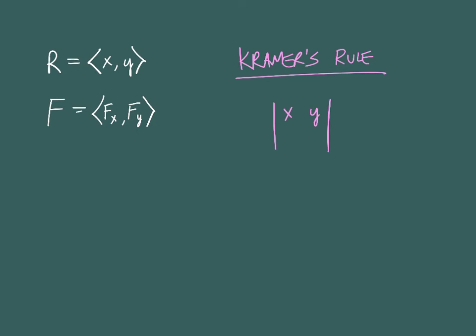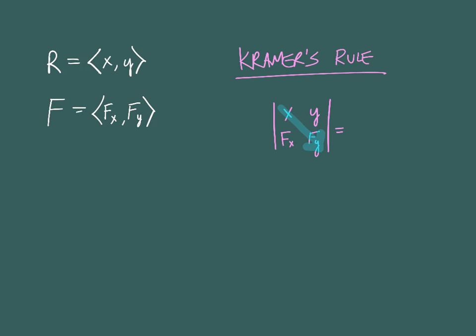So if you have an array like this, a position array that's in some sort of connection with the force array, or a vector, these two vectors can go into these matrices in this fashion. Hopefully you remember that there is this cross multiplying business.